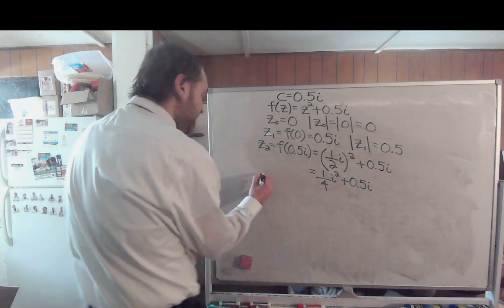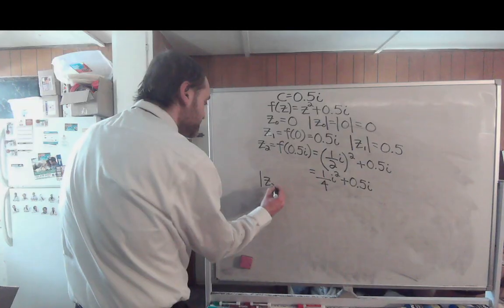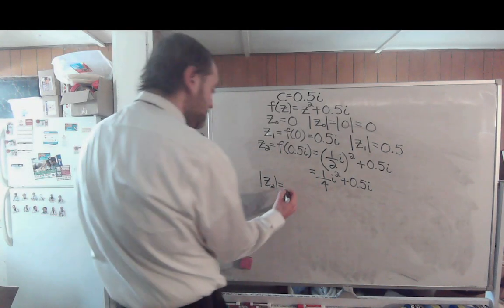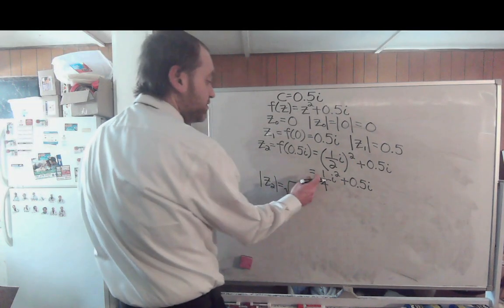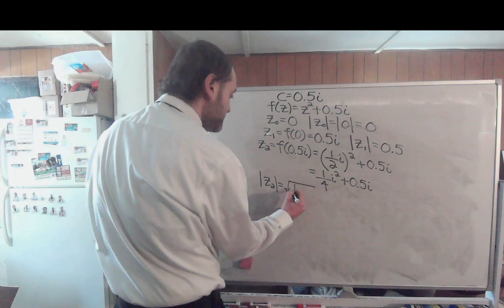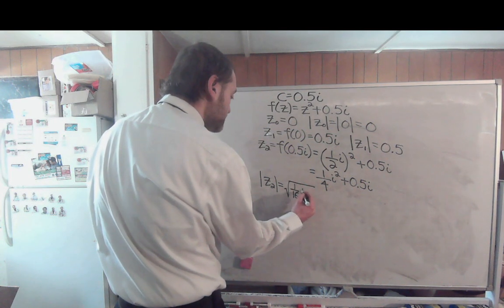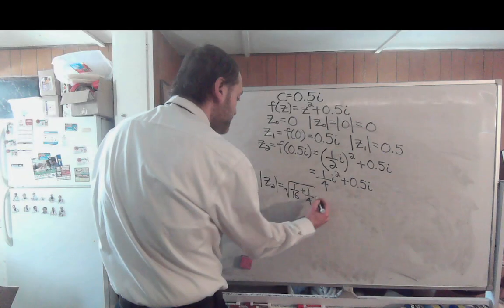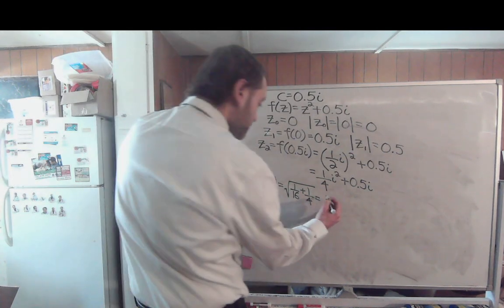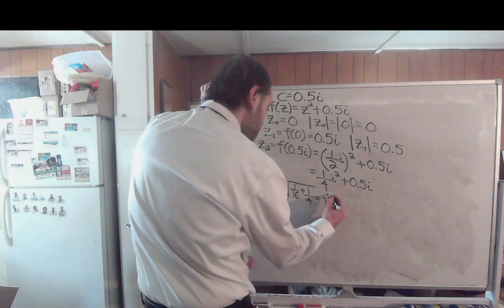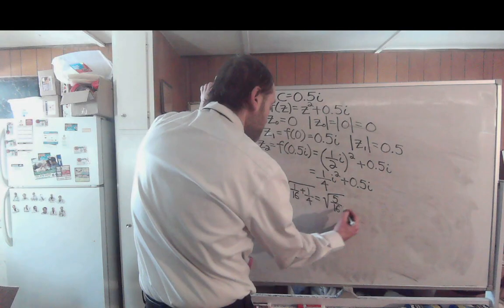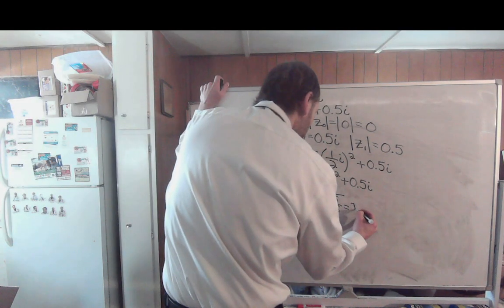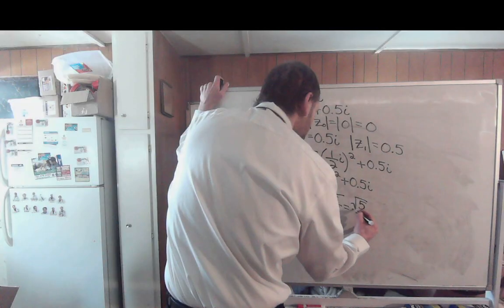We need to find the absolute value now of z sub 2, which would be equal to the square root of 1/16 plus 1/4, which would equal the square root of 5/16, which would be equal to the square root of 5 over 4.